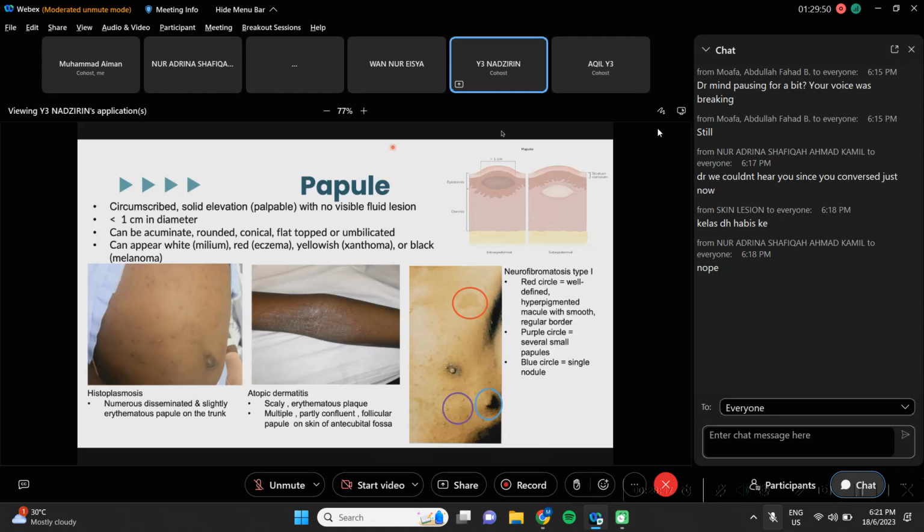It is hard because I cannot see your slide at the same time as what you have presented so far. But the raised ones can be divided into papules, plaques, wheals, and so on.